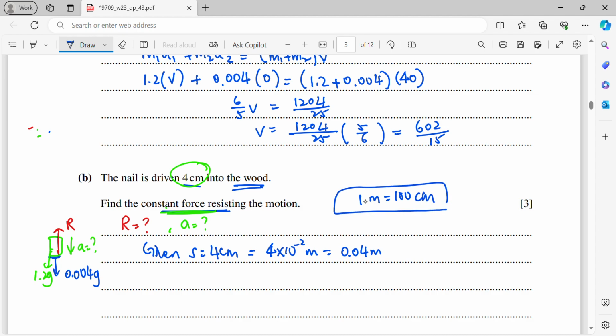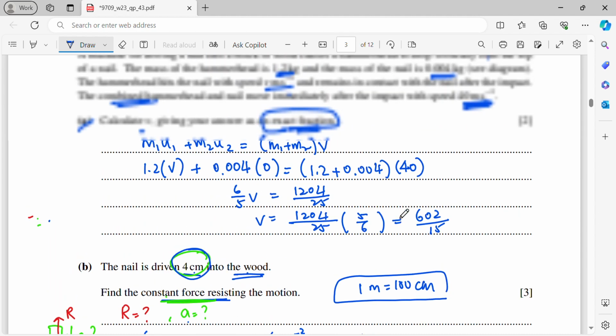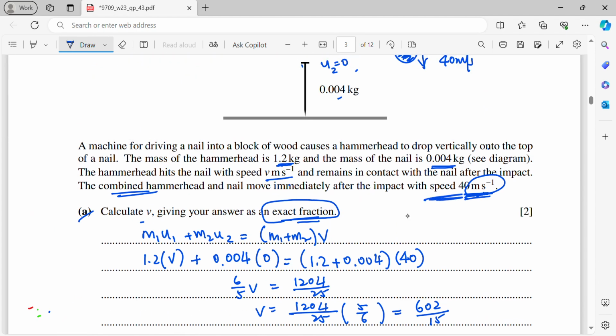Now I will use v squared equals u squared plus 2as to get this a first. When the nail is driven 4 centimeters into the wood, that means the v is 0, because it's already in the wood, so the nail will not be moving anymore. The u squared is the speed after they combine, which is 40.